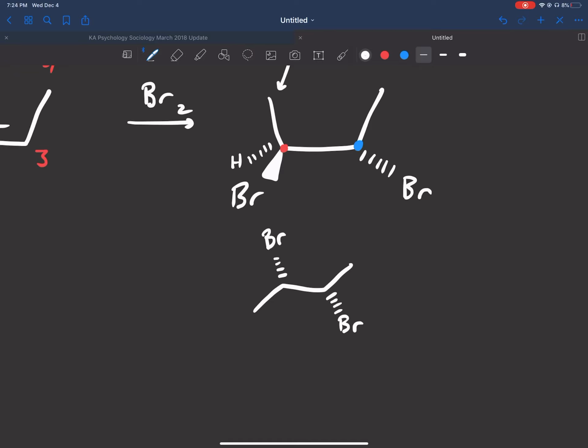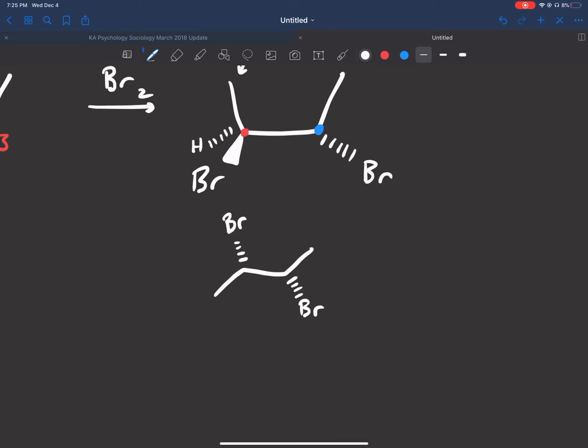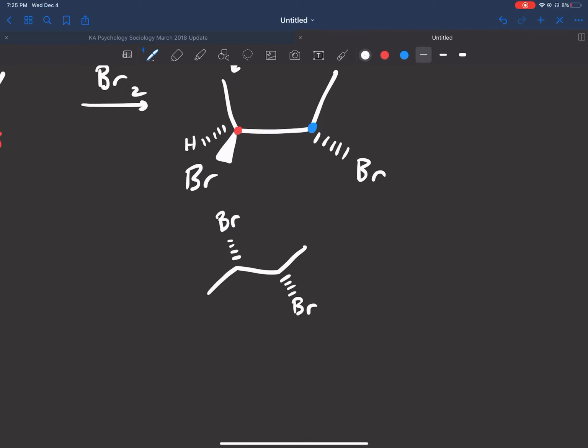The Br was coming towards us, wedged. So take your pencil and say that the eraser is the Br, and angle it coming at you on a slightly downward angle. Now rotate that 180 degrees. You see that the tip of that eraser is now pointing up and away from you. That means dashed. All right, so we get one of these to look like this, so they're both going to be dashed.